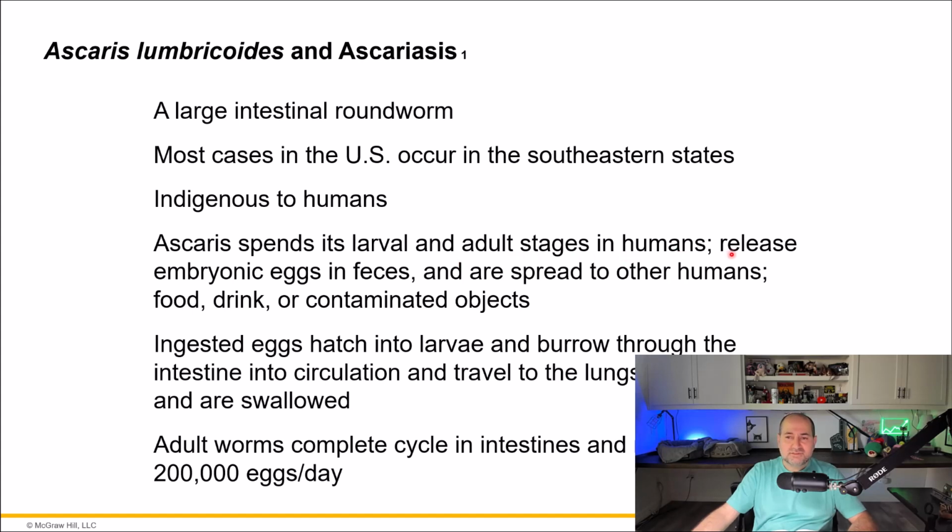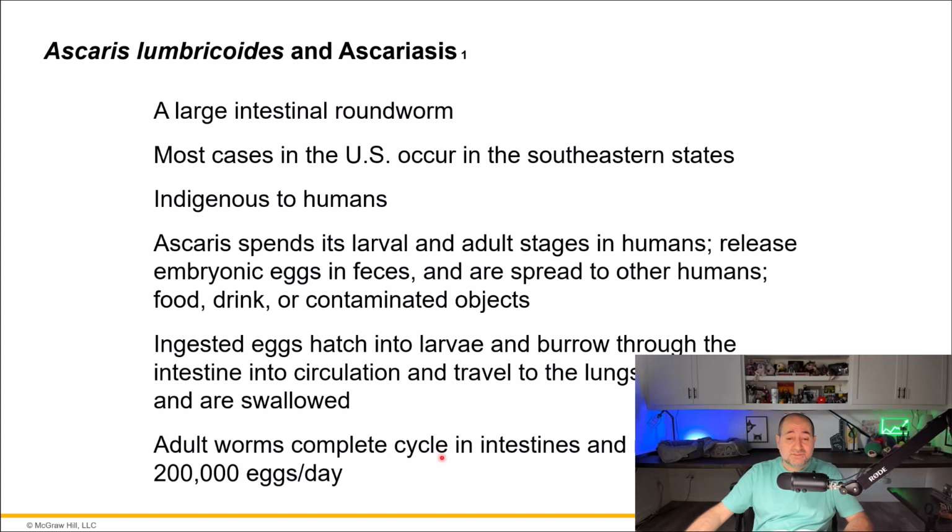They release embryonic eggs in the feces and are spread to other humans through food, drink, and contaminated objects, right? So fecal contamination. Ingested eggs hatch into larvae and burrow through the intestine into your circulation. They could travel to the lungs and the pharynx, and are swallowed.